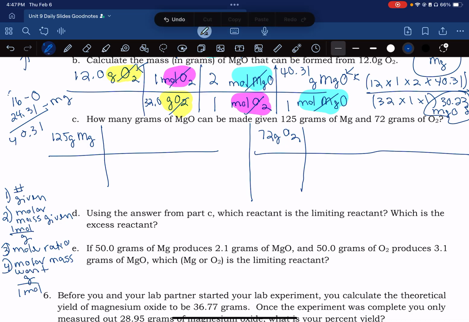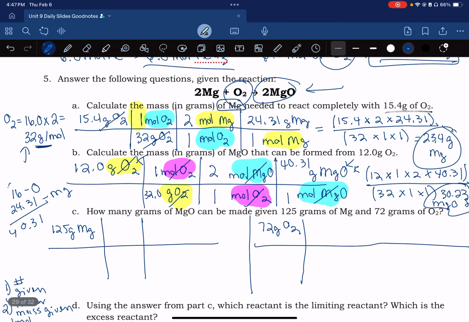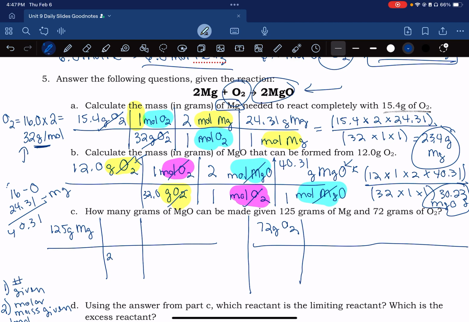So according to this framework, step 2 is molar mass of given, which is going to be 1 mole over whatever the molar mass is. So the molar mass of magnesium we already found earlier was 24.31 grams of magnesium. Our units match. We're good. Over 1 mole of magnesium.